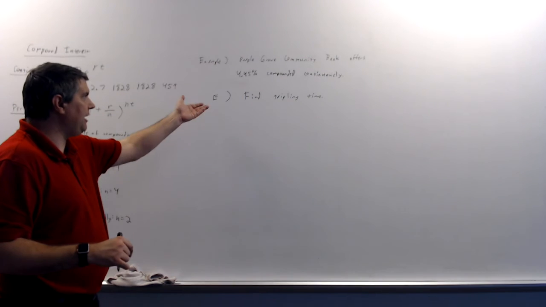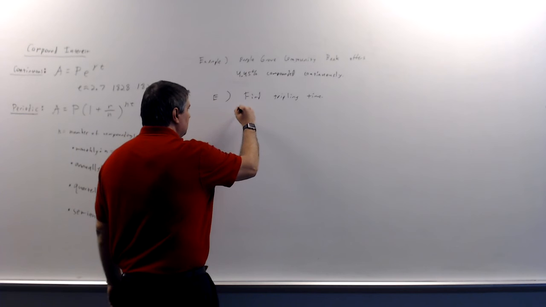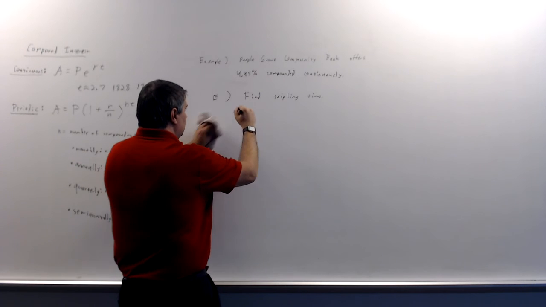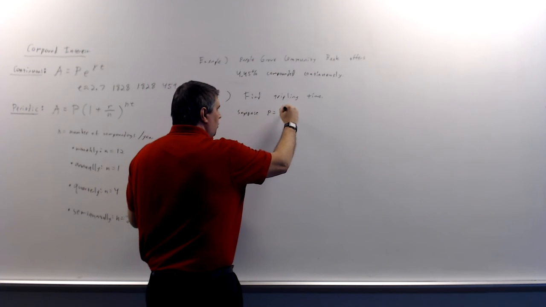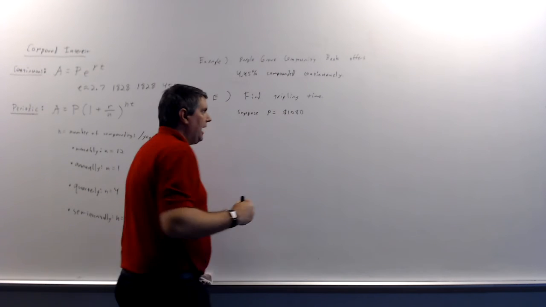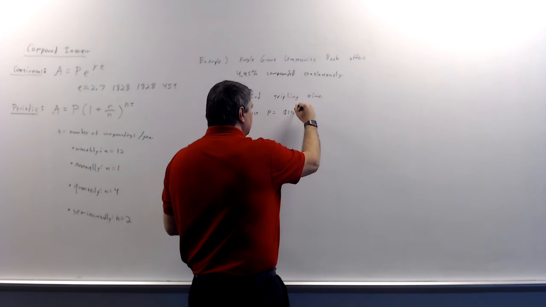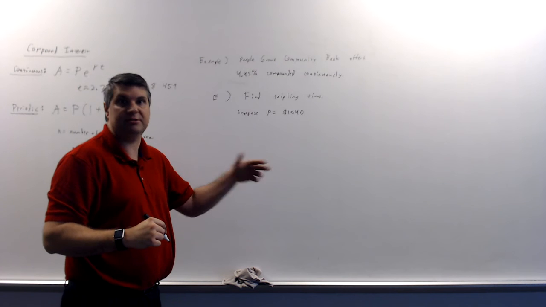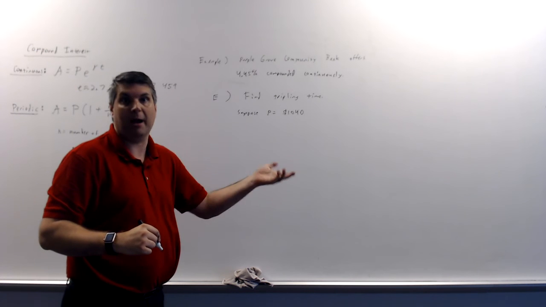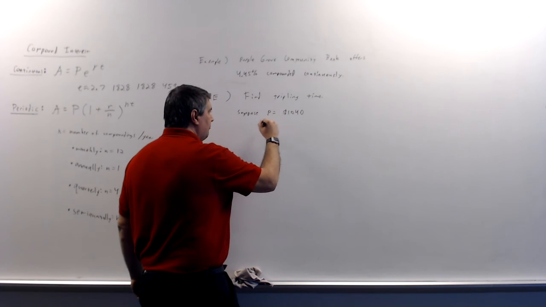Analogously, part E, find the tripling time. So let's suppose P is 1,040, which is what we've been using for our deposit. For the purposes of finding tripling times, doubling times, you can make up any number and double it. That's pretty much all you have to do. So suppose P is 1,040.